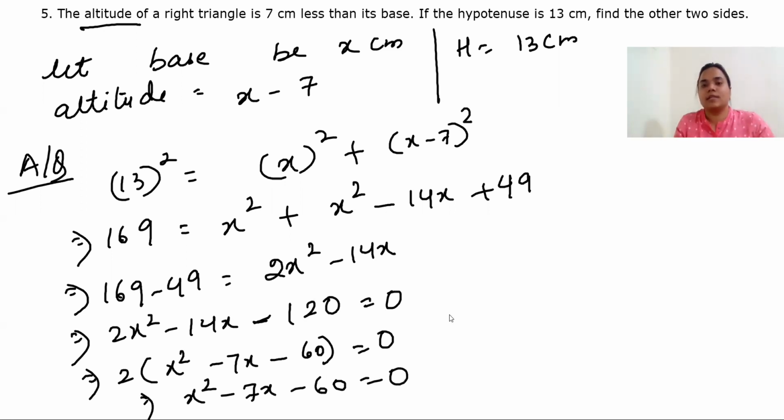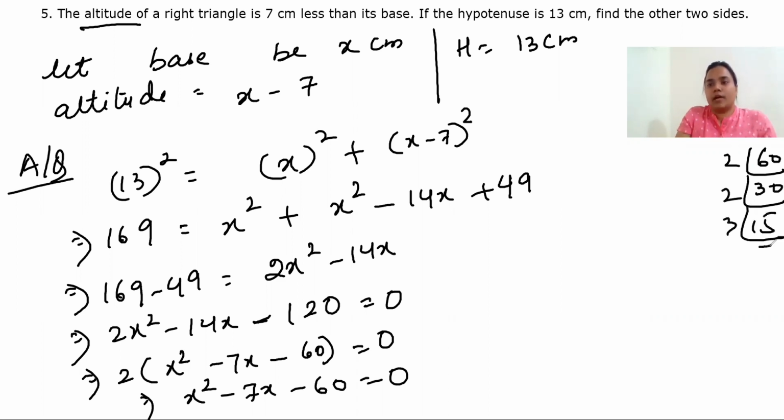So again, we will factorize it and we'll get the answer. Again, a is 1. We'll factorize 60. When we factorize 60, we'll be getting 2, 30, 15 times 3, 5 and 1. So we have to get 7. 2 2s are 4, 4 3s are 12. 12 minus 5 is 7.